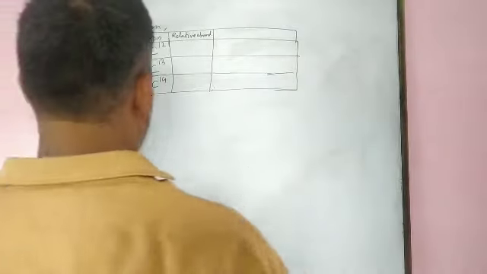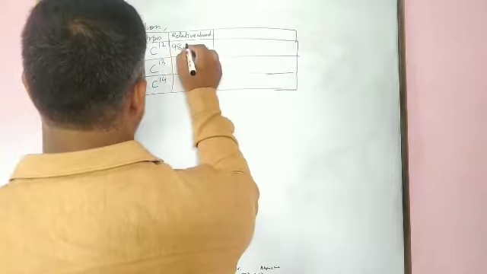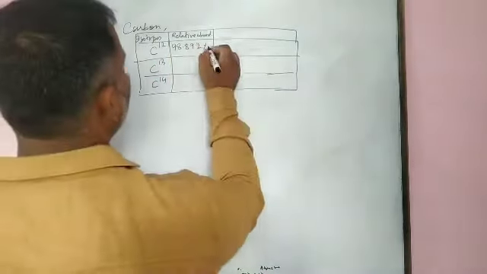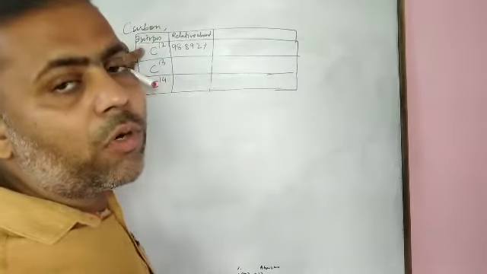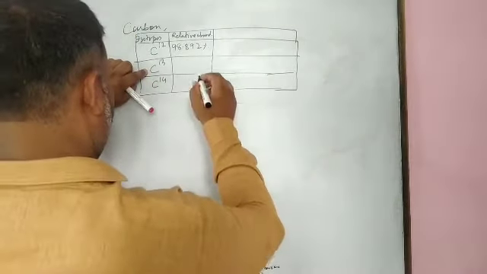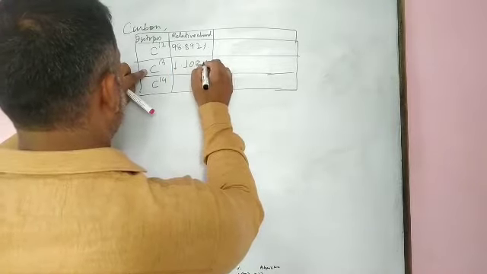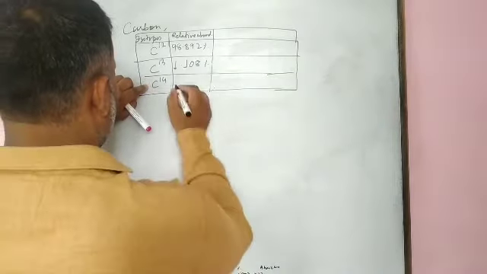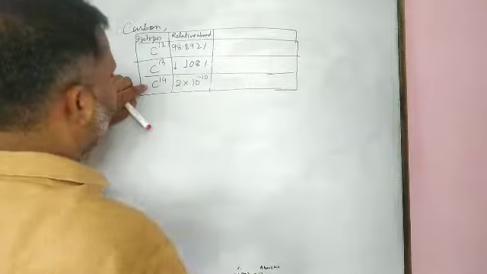The relative abundance of carbon 12 is 98.892%. The abundance of carbon 13 is 1.108%. And the abundance of carbon 14 is very less, that is 2 into 10 to the power minus 10.